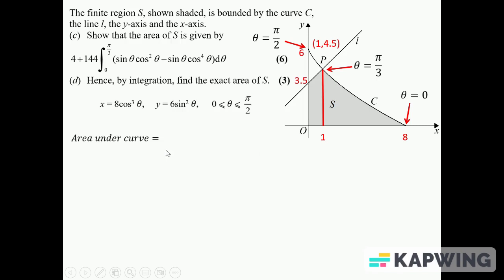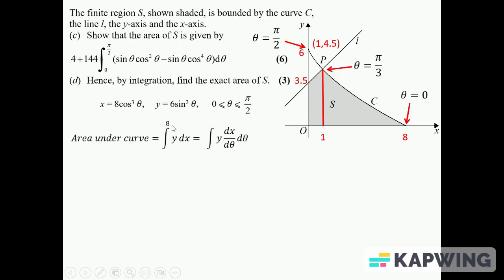Area under the curve then. I need to integrate y dx, but it's parametric, so I'm going to write it as y times dx over d theta. So I'm going to integrate y times the x differentiated.